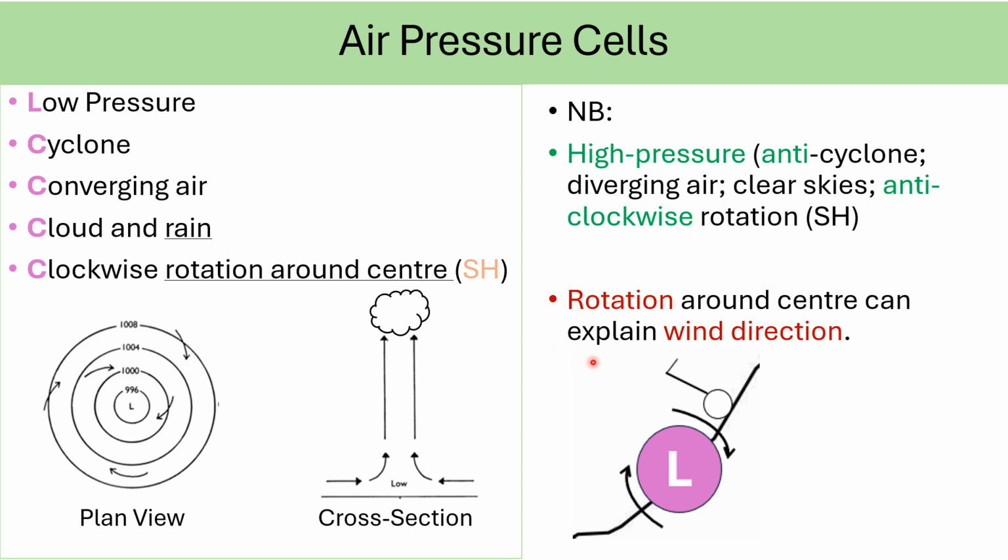A very common question is to explain or account for the wind direction at a particular place. Check if the weather station is close to a high or a low pressure and focus on the rotation of the wind around the center. In our example, this weather station is close to a low pressure, which you are assuming is in the southern hemisphere.